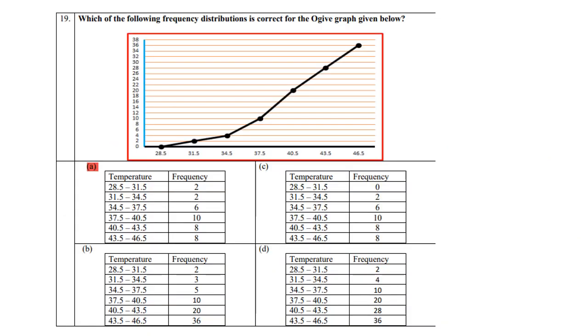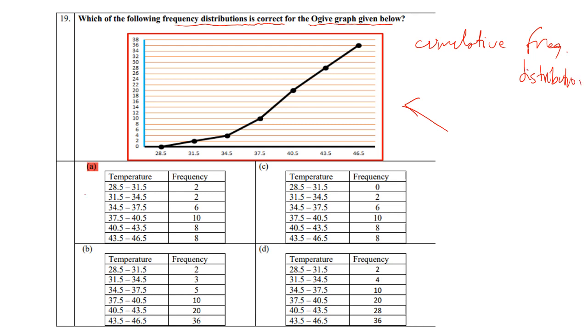Now, which of the following frequency distributions is correct for the ogive graph given below? From which one can we have this graph? This is the cumulative frequency distribution.